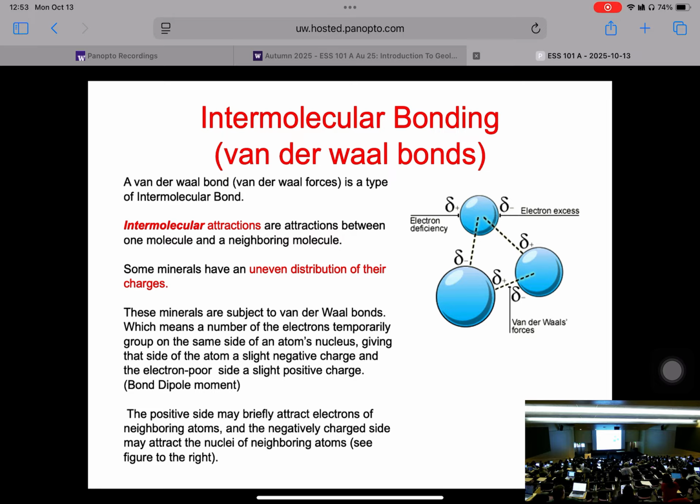Because of that, there are brief time periods where you might have more electrons on one side of the atom. For that brief moment, you have a negative dipole on that side. If there's another atom in close proximity, it's going to attract the more positive side.